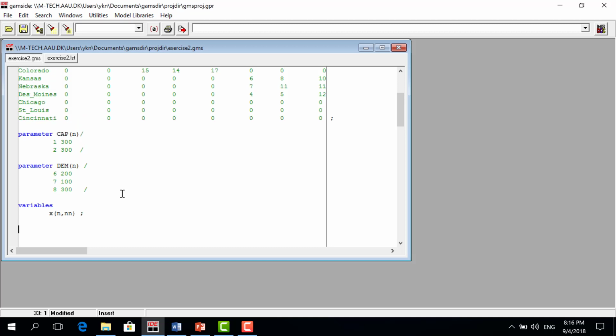After composing the variables, we have to define the equations.